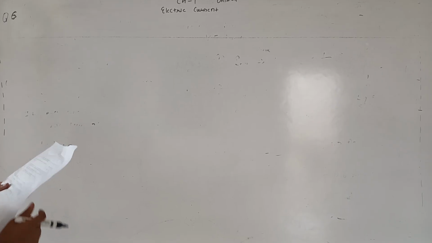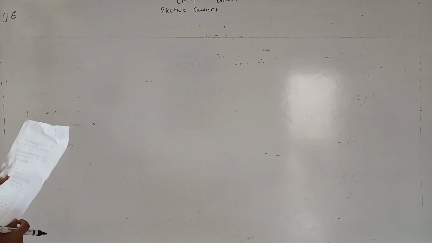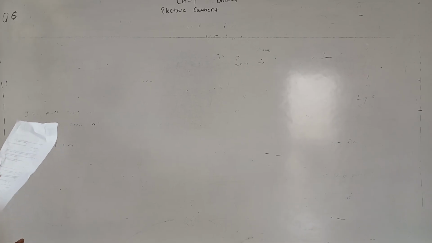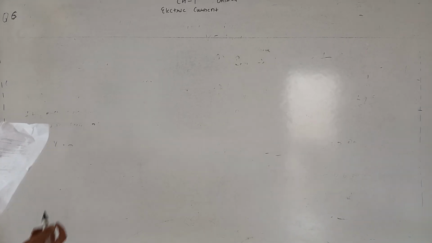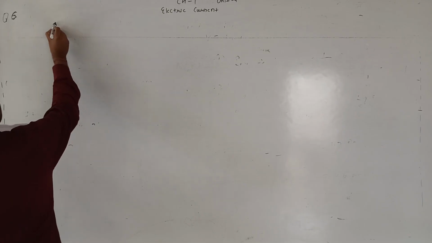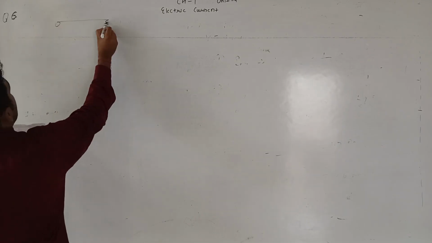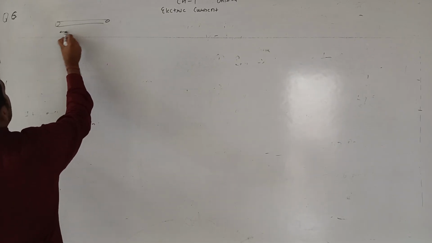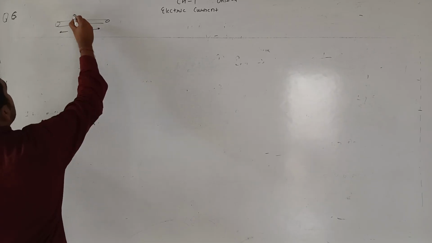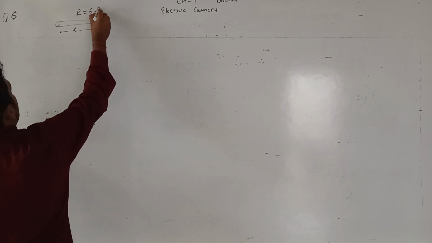The resistance of a stretched wire of length L is 6 ohm. So there is a wire whose length is L and its resistance is 6 ohm.